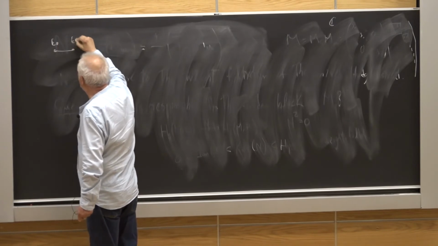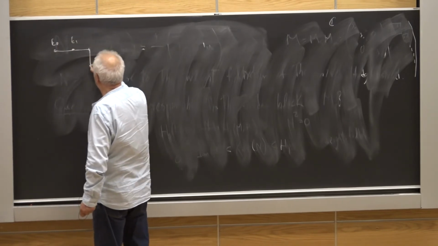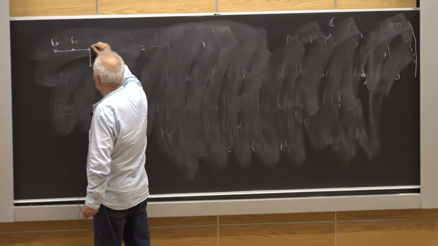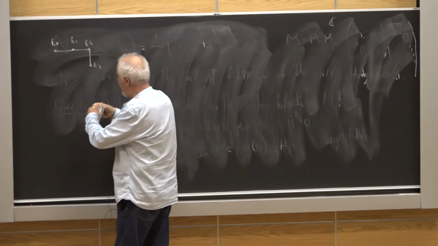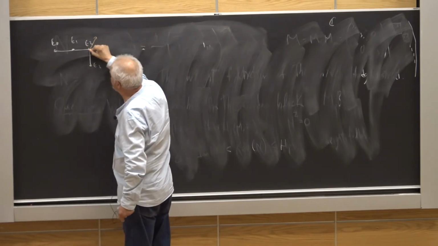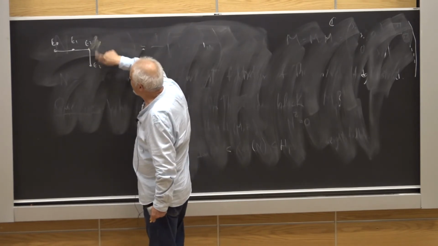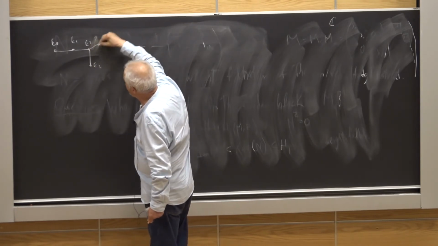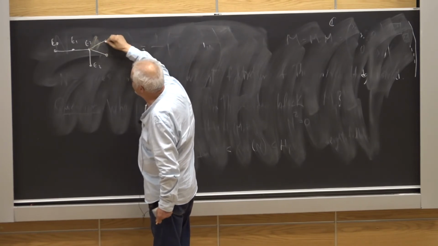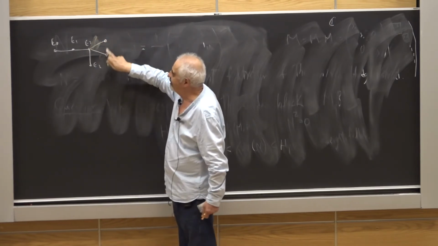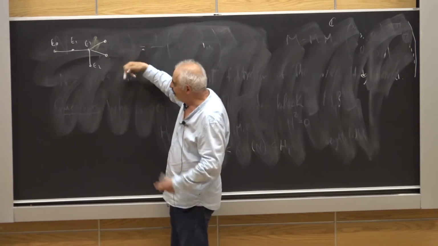E0, E1, here E2, E3. And here, say, at this point, I have 2 branches coming out. But then, when I apply the blowing up over here, they separate. So here I put something like this. Because see, at this point, the 2 branches separated.